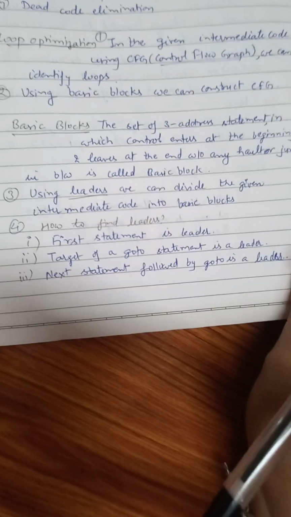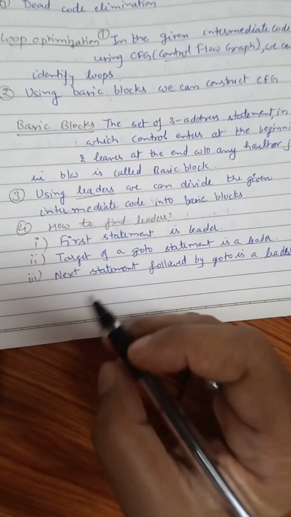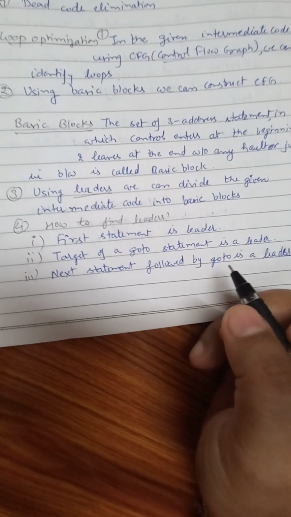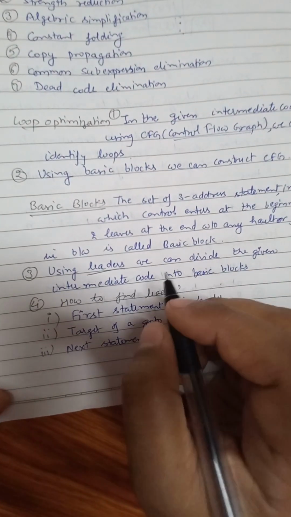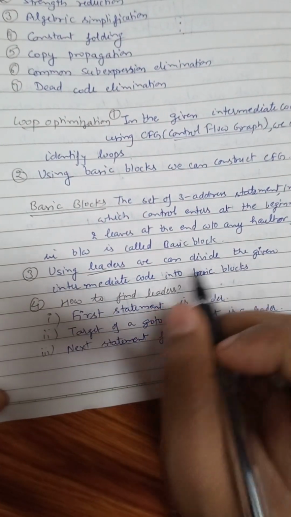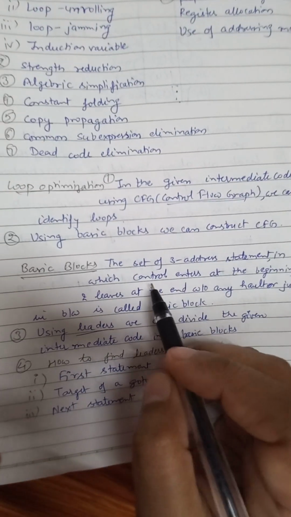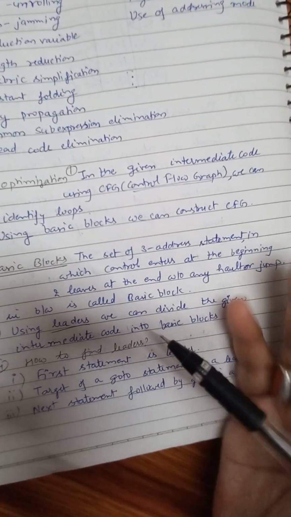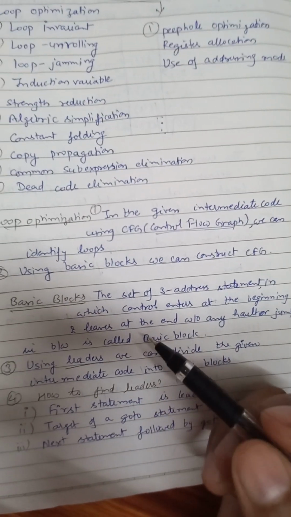So we can find leaders this way: the first statement is a leader, the target of a go-to statement is a leader, and the statement following a go-to statement is also a leader. Using leaders we can divide the given intermediate code into basic blocks. So we know how to find basic blocks: the set of three address statements in which control enters at the beginning and leaves at the end without any halt or jump. This is known as a basic block.